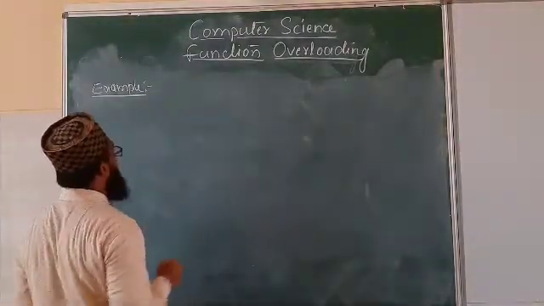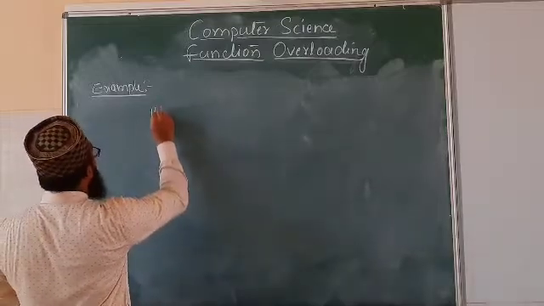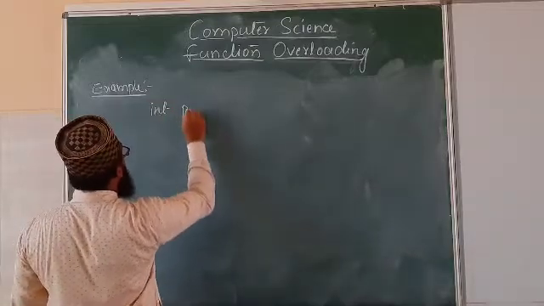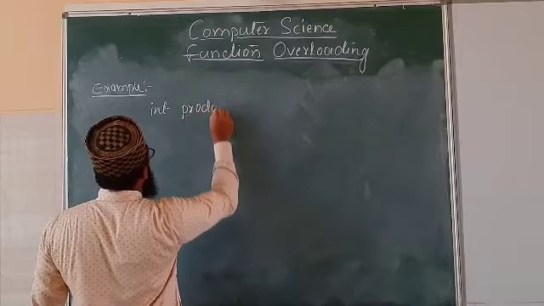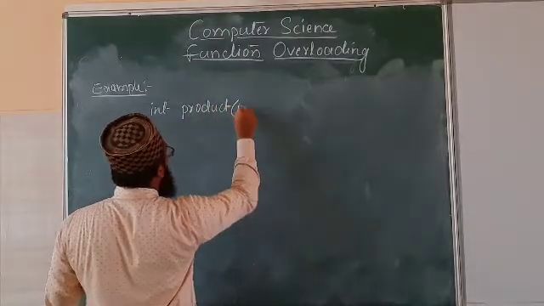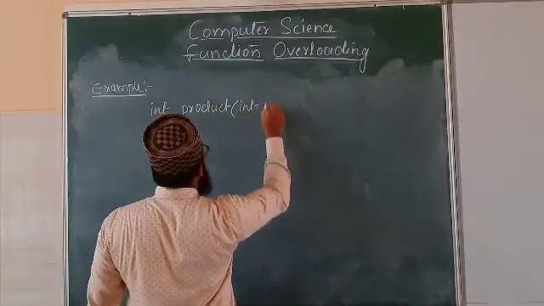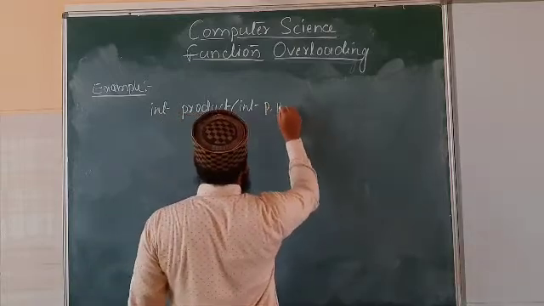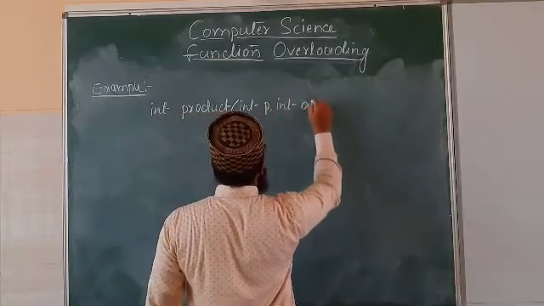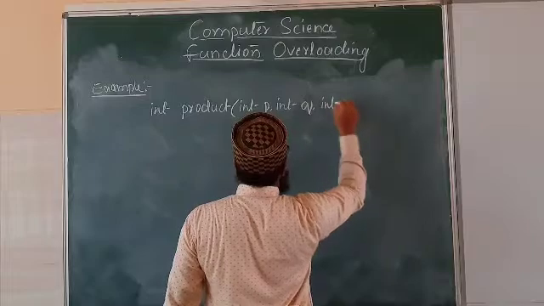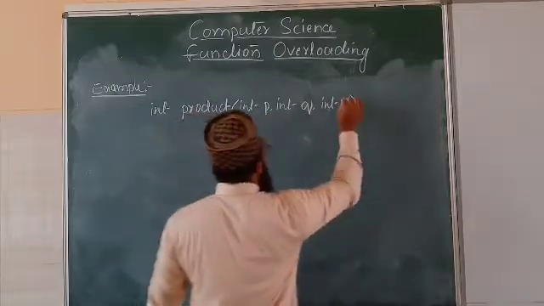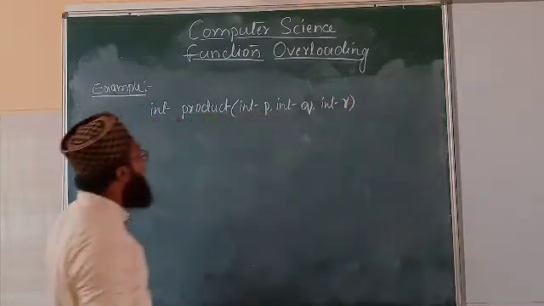Take the first function as int product. Give the arguments as integer type: int p, int q, and int r.